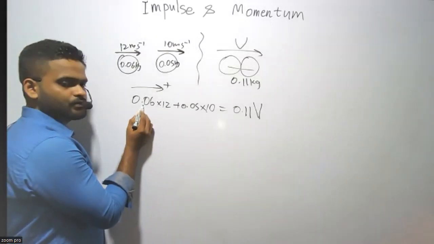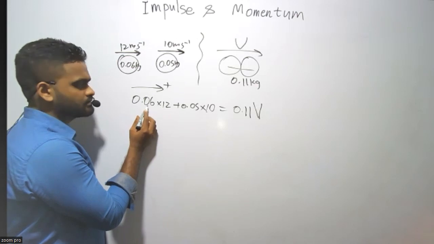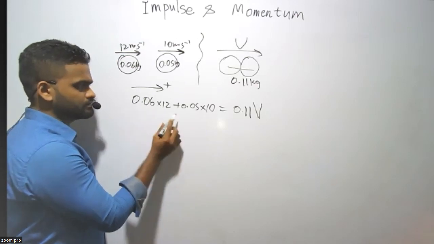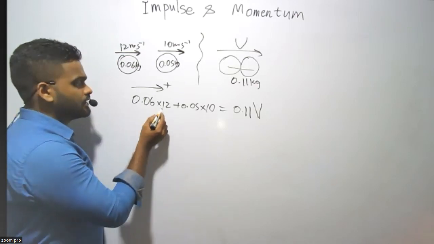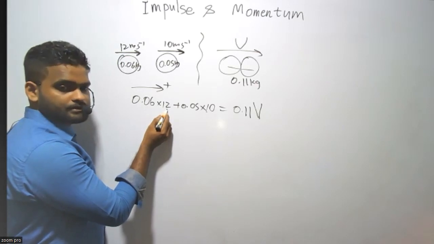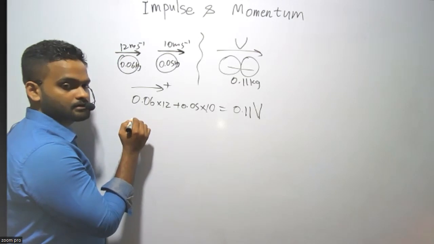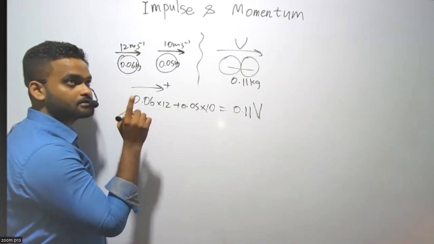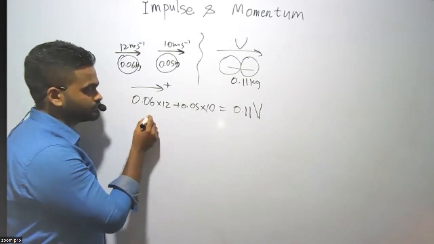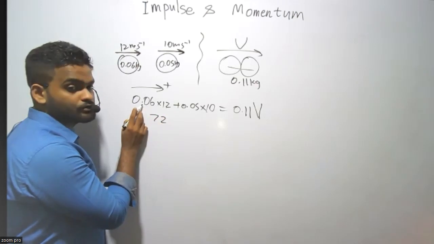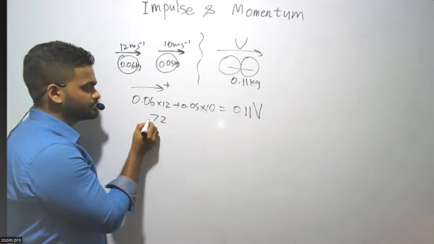Then just forget about decimals, right? Some students struggle with doing a calculation like this, right? Forget about decimals. Just multiply 12 by 6. 12 by 6 means 72, right? It has 2 decimals. Then put the decimals.